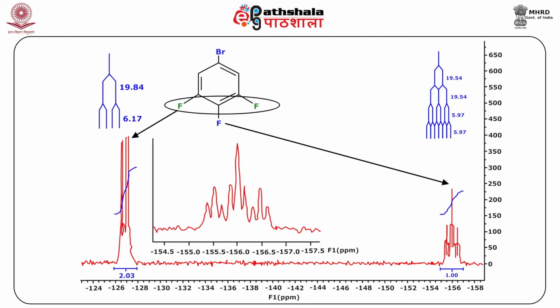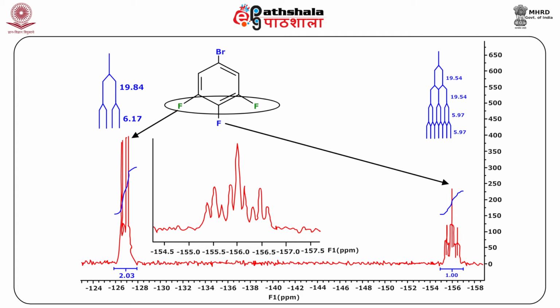The fluorine F4 will couple with the two equivalent fluorine nuclei F3 and F5 to give a triplet, and also with the two chemically equivalent protons.